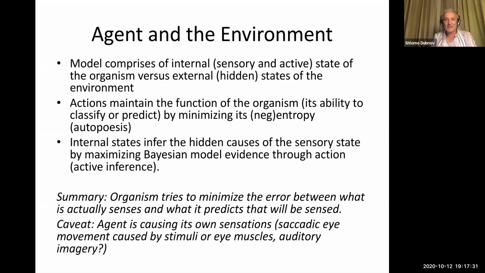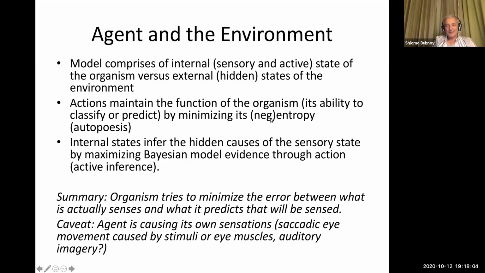So in this case, actually, I did think more about agent operating on the environment. The model comprises the internal, sensory and active states of the organism versus external, which are also hidden states of the environment. Action maintains the function of the organism, its ability to classify or predict, by minimizing its entropy. There is an article about autopoiesis that if somebody chooses to take, relates to this question.